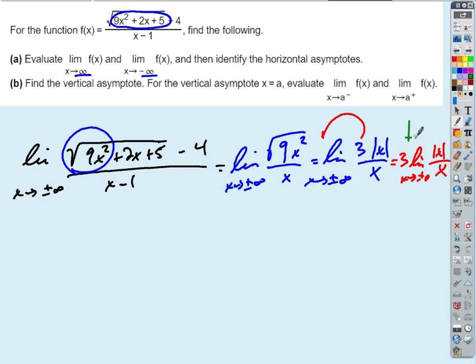Go back to algebra 2 and think about transformations. Yeah, vertical stretch. We just stretch everything by 3. So instead of the function being at negative 1 and positive 1, it's stretched by 3. So it's just going to be at positive 3 and negative 3, right? Does that make sense?